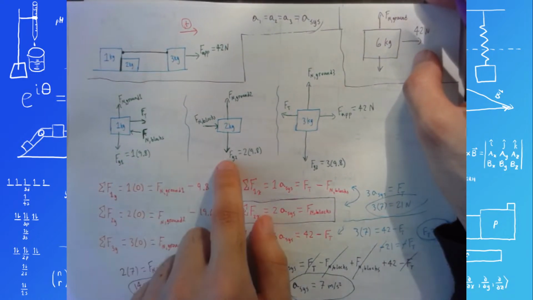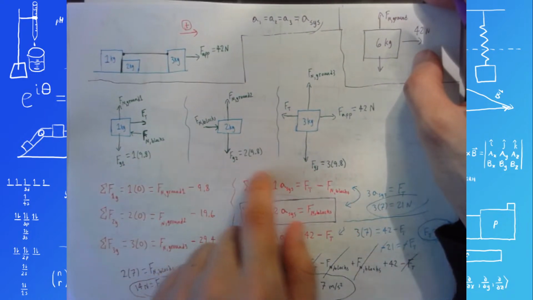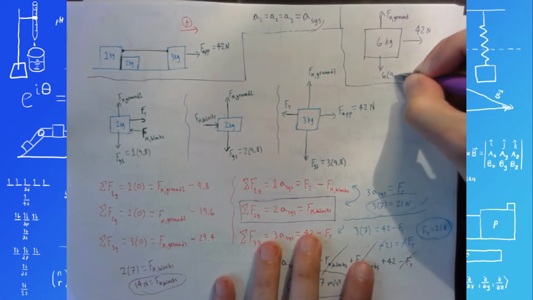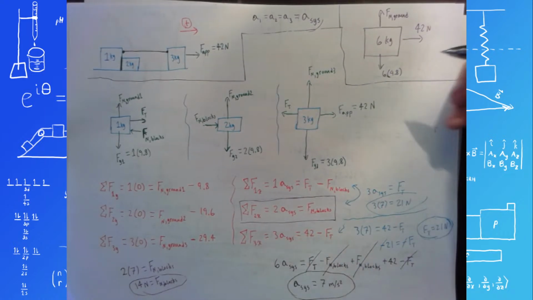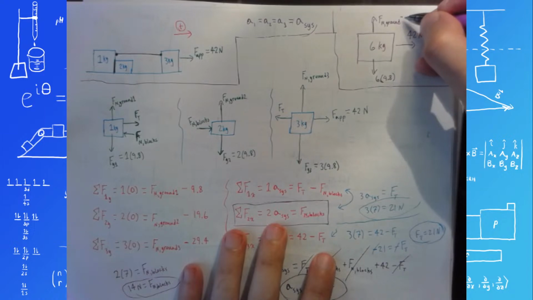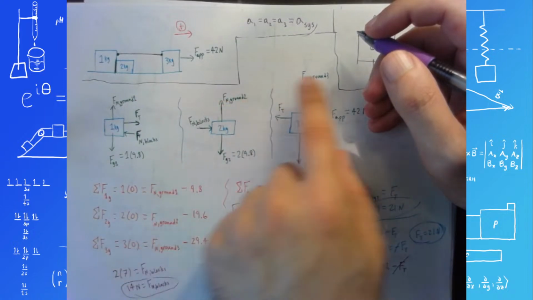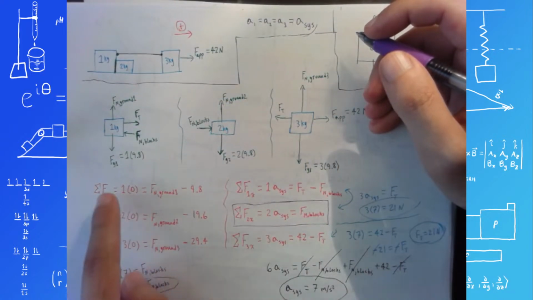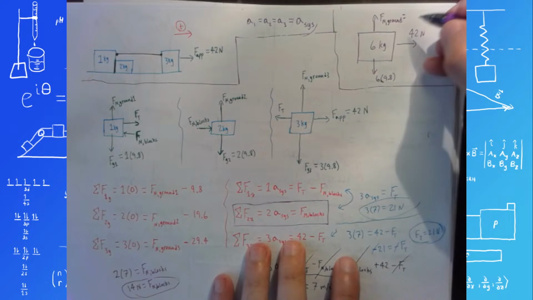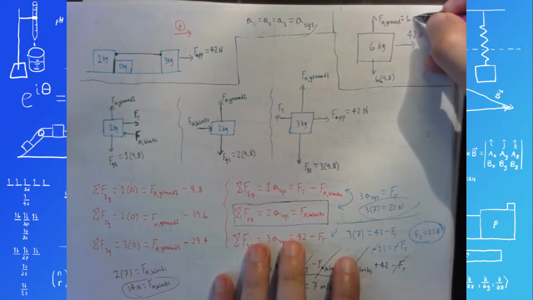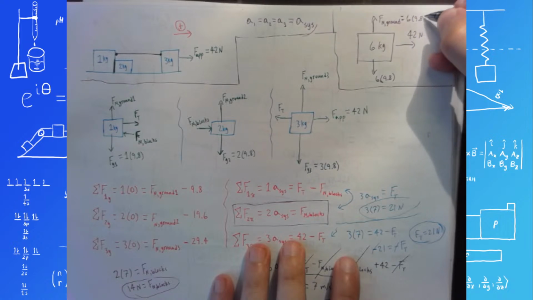And if I were to add these, 1 times 9.8 plus 2 times 9.8 plus 3 times 9.8, oh, would you look at that? It's 6 times 9.8, the weight of a 6 kilogram object. So yeah, it checks out. And of course, then it makes sense why these normal force ground 1 and 2 and 3, which are going to be equal to 9.8, 19.6, and 29.4, also add up to whatever the equivalent of 6 times 9.8 is.